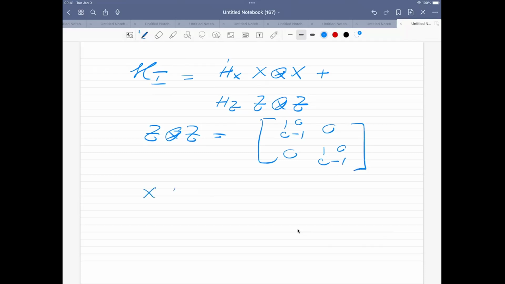And the Pauli X tensor product with Pauli X is actually nothing but 0, Pauli X, and this is a 2 by 2, 2 by 2, and 0.